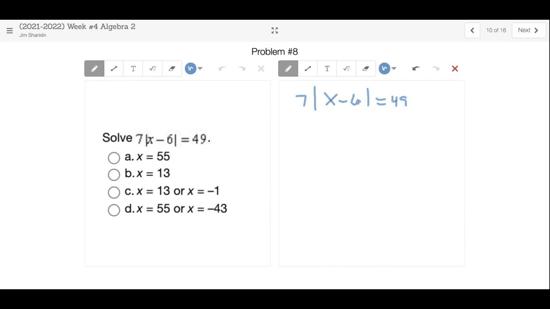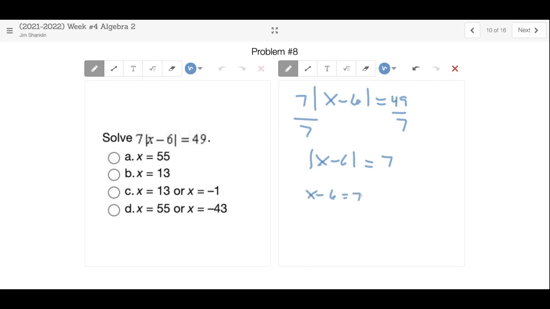Negative 7 minus 6 is definitely negative 13. No, it's 13? No, I don't think so. Not a negative. All right, let's work this one through. So we already talked about it. We're going to divide by 7 on both sides. So that leaves me with the absolute value of x minus 6 is equal to 7. I have the absolute value isolated. So my next step is to rewrite it as two separate problems.